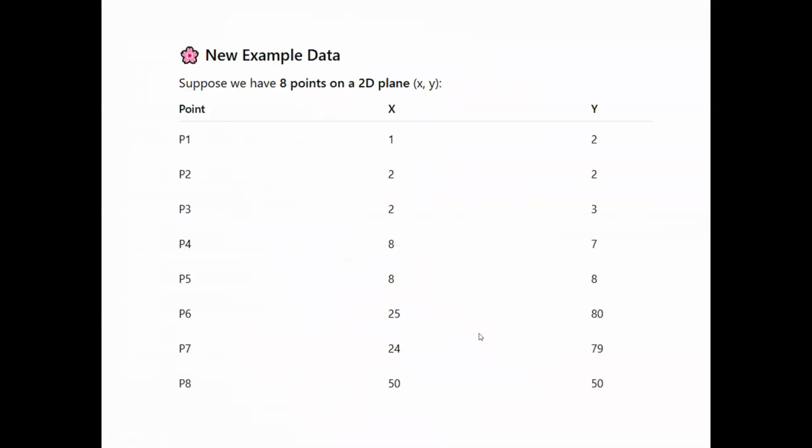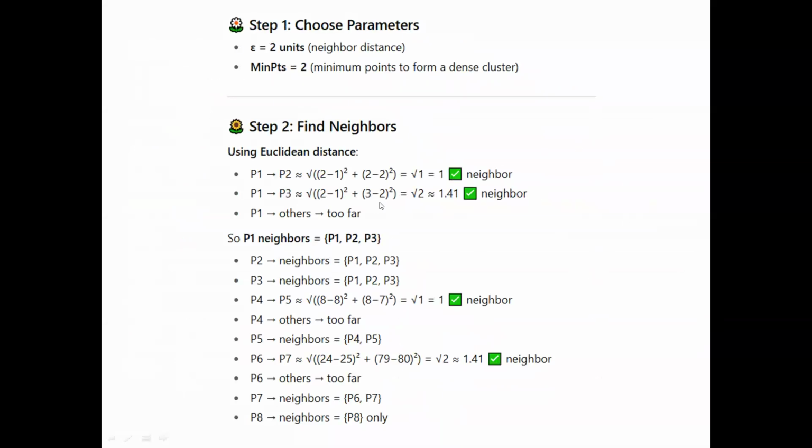In this data set also, for example, using Euclidean distance with epsilon 2 as the neighbor distance and minimum points 2, what is the Euclidean distance between p1 and p2? And p1 to p3? So we decide whether these should be neighbors or not.